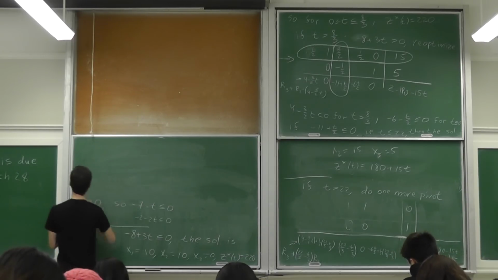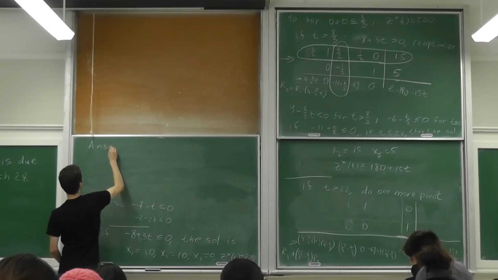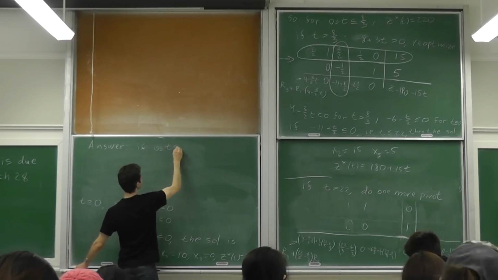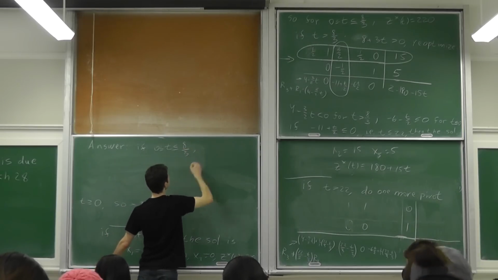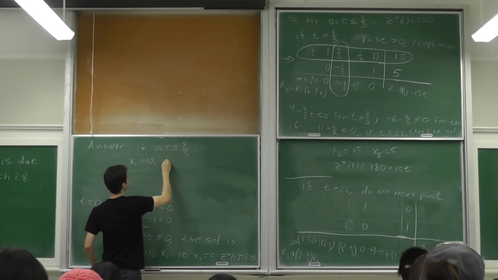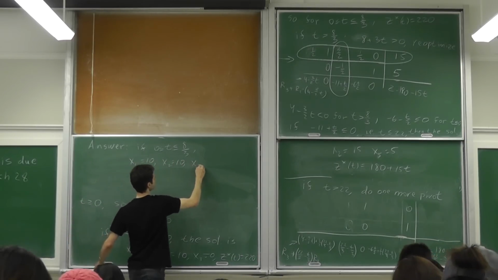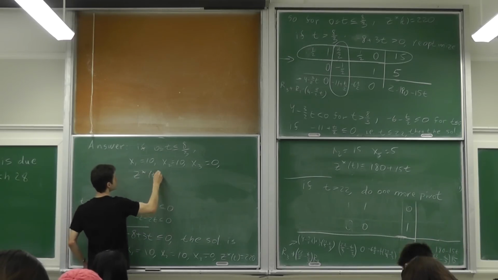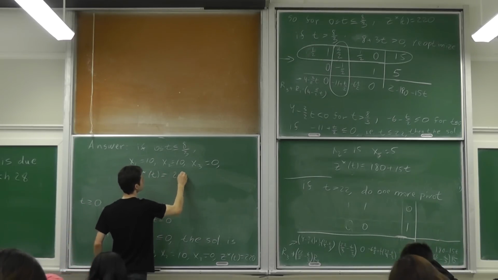So answer, if t is from 0 to 8/3, well, our solution is x1 is 10, x2 is 10, x3 is equal to 0, and the objective function is 220.